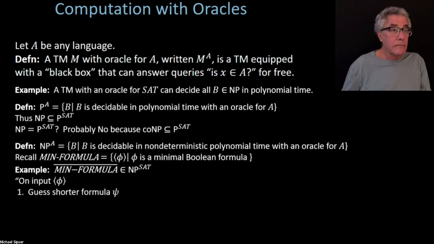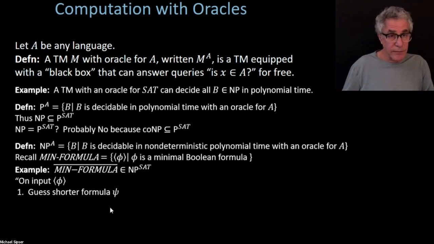That's because here's an algorithm, an NP with a SAT oracle algorithm. In other words, I want to implement that strategy, which I argued in the homework problem was not legal. But now that I have the SAT oracle, it's going to make it possible, where before it was not possible.